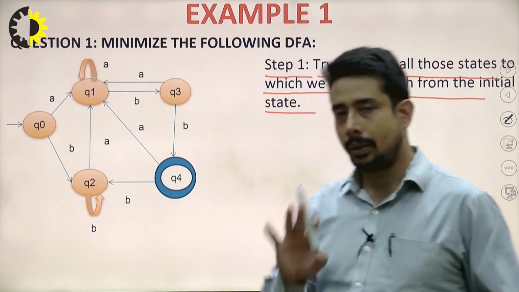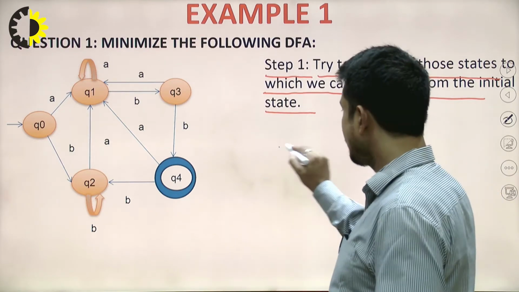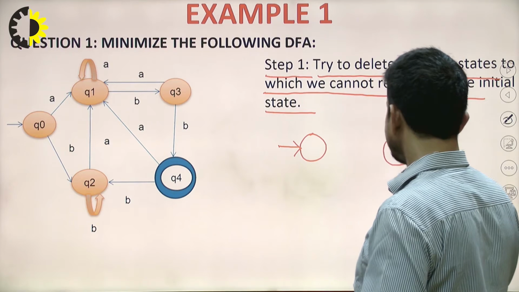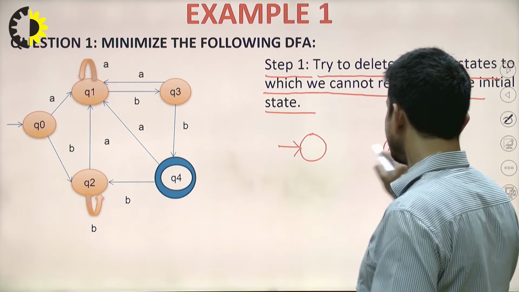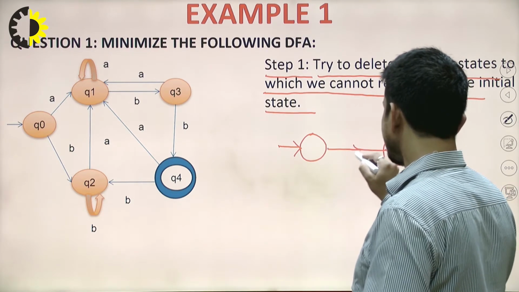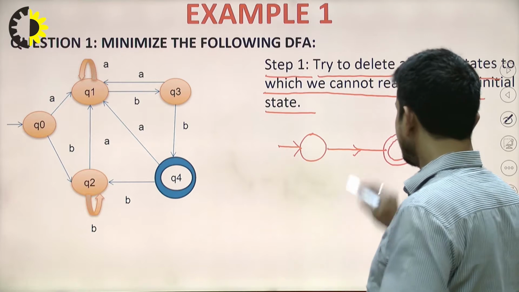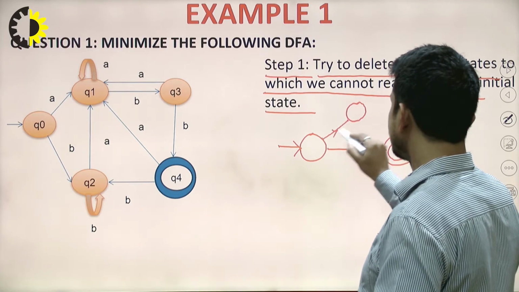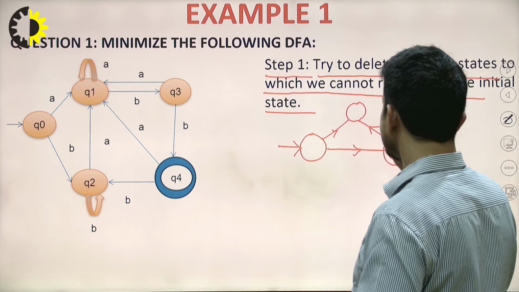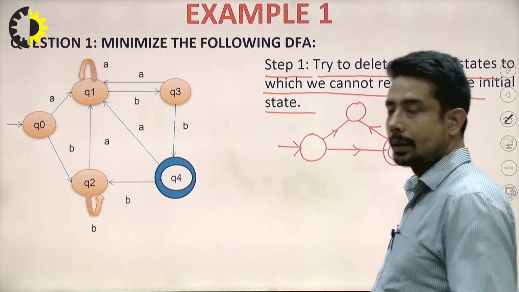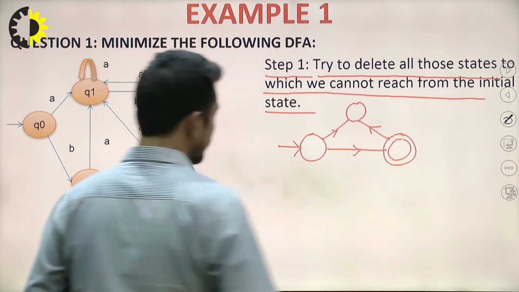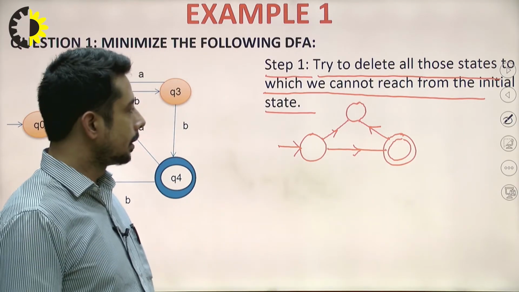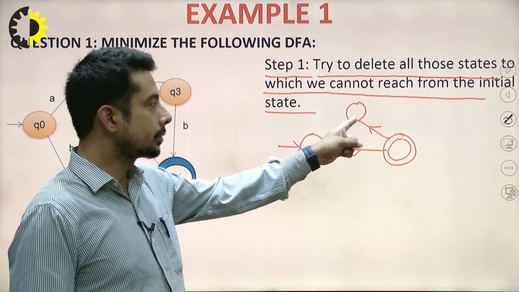Now look into this point. Suppose I am having a state, and I am having another state, say this is the final state. I am having a transition from this state to the final state, and I am having one more state, and to that state I am just having transitions. Now if you look into this diagram, is there any utilization of this state?